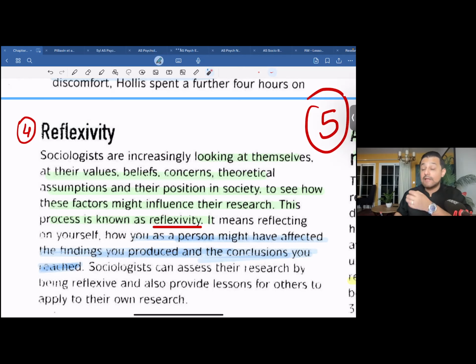So sociologists can self-scrutinize and self-evaluate. They could assess how the research findings might have been affected by factors related to themselves, learn lessons from this, and then apply them to their own research and help others too.